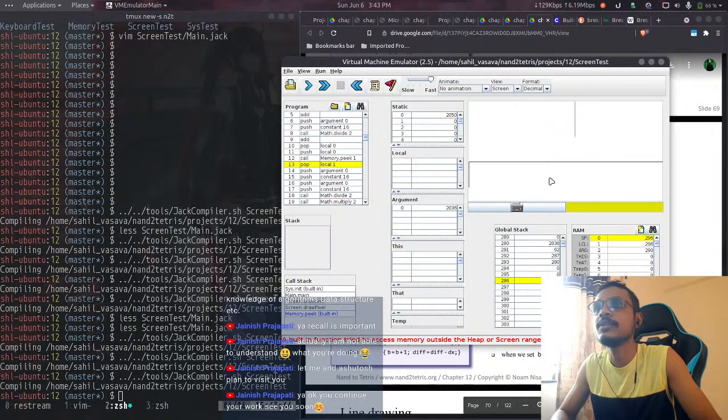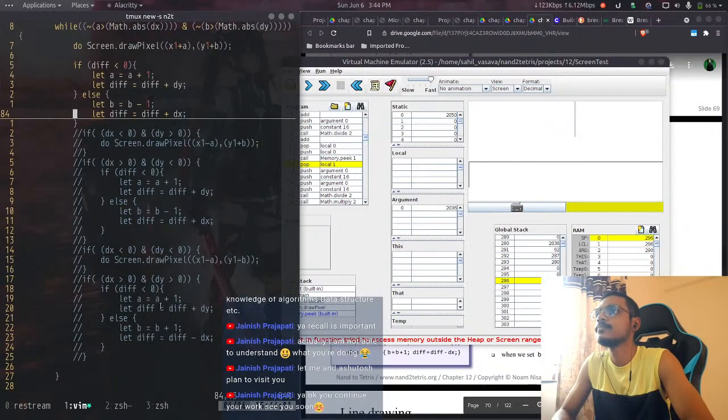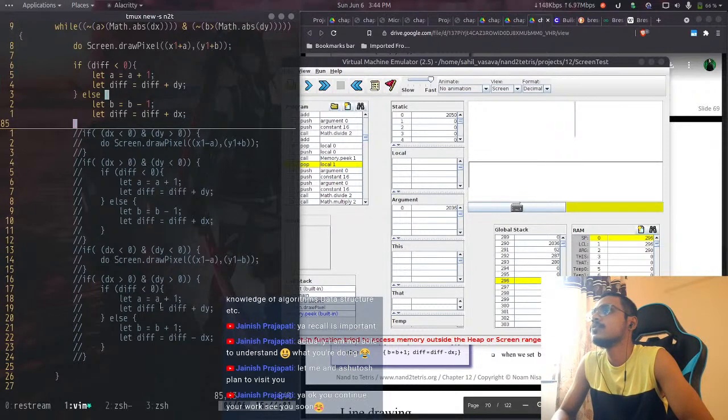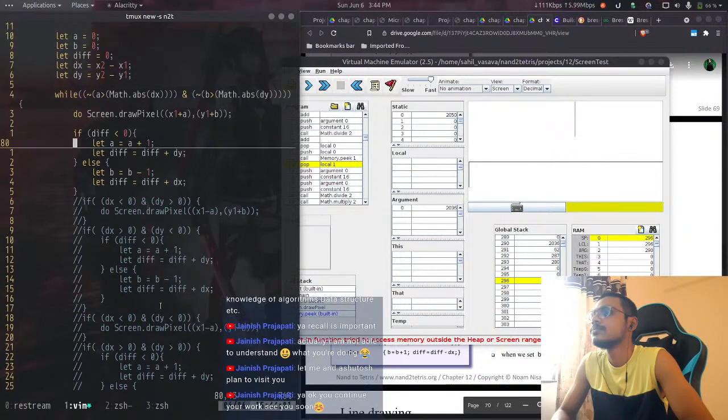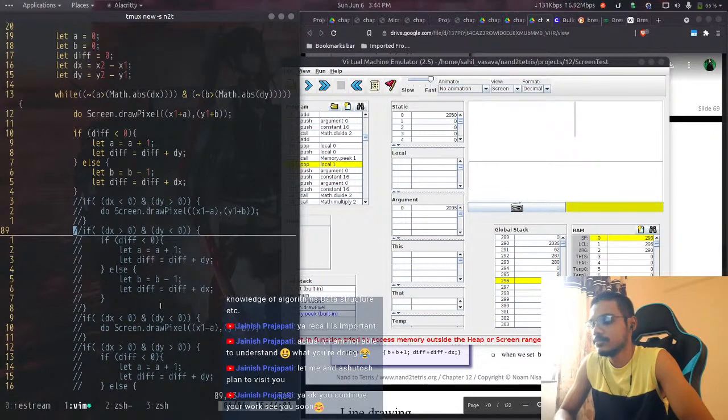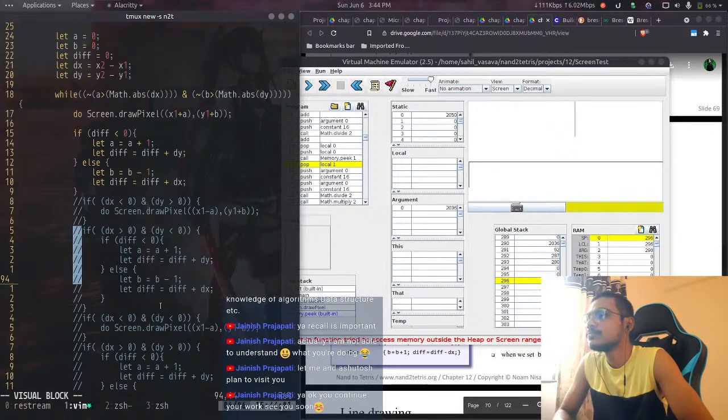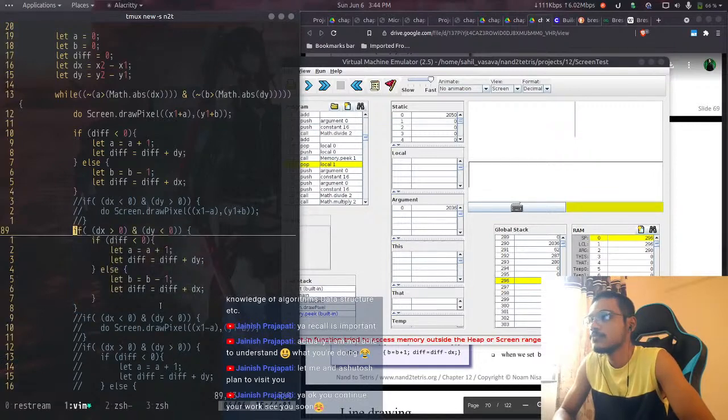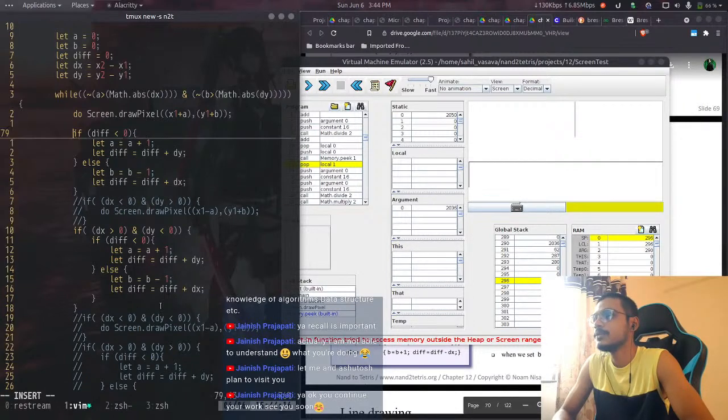Holy shit, it went out of the screen range. Of course. I mean, it was supposed to draw only for this case where dx is greater than 0 and dy is less than 0. We convert this.